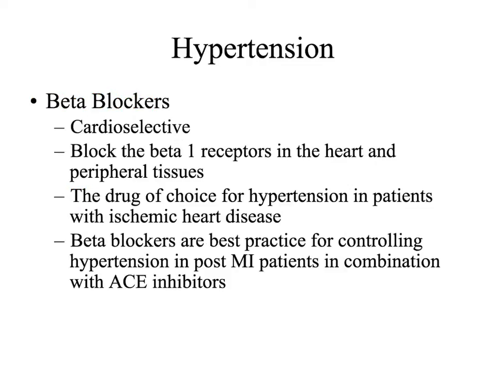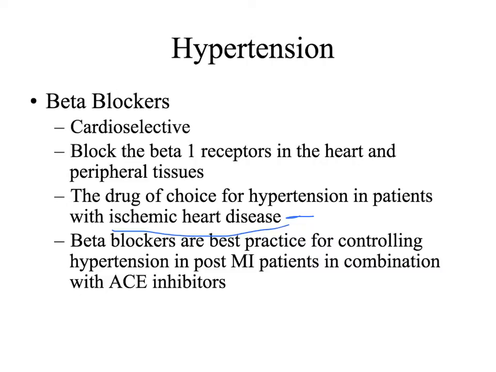So beta blockers, one thing I did not mention, and this slide here mentions, is ischemic heart disease. It's the drug of choice. That is that patient that has high blood pressure, that has had a myocardial infarction, and has a diseased heart. So they like this because if you think about what needs to happen with a patient that has a poor heart muscle, we don't want it to have to work very hard because it's diseased.